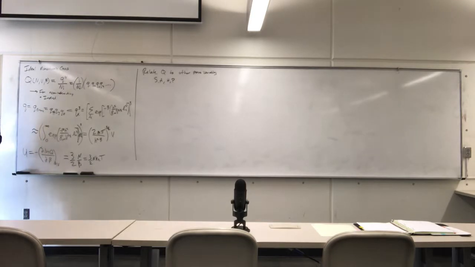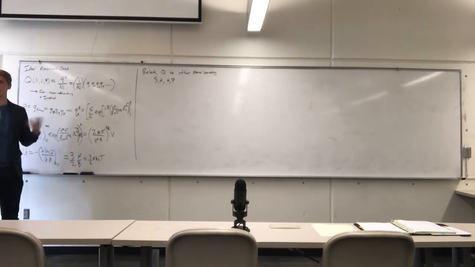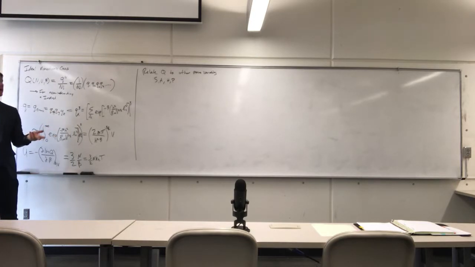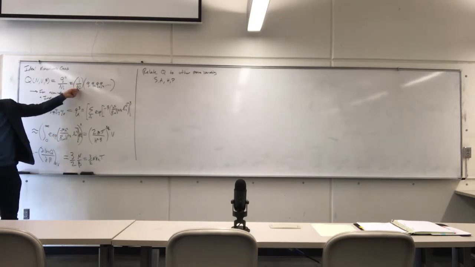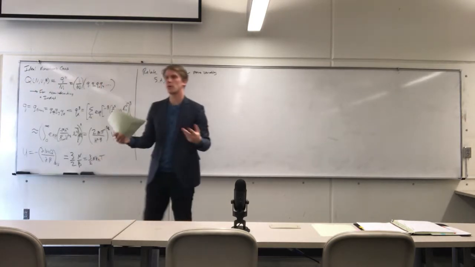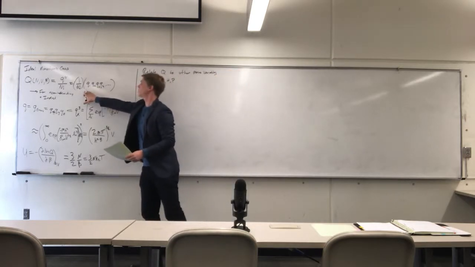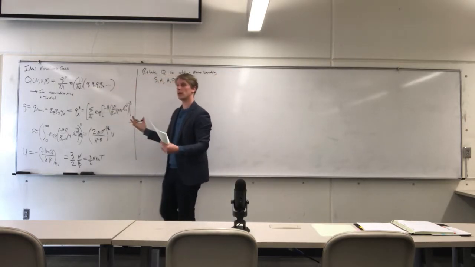So if all these particles are identical, 1, 2, 3, 4, 5, 6, all the way to n, it's just the partition function raised to the n power, normalized by the fact that we don't know which one's particle 1, which one's particle 2, which one's particle 3. So this assumption will break down when we get to more complicated systems.